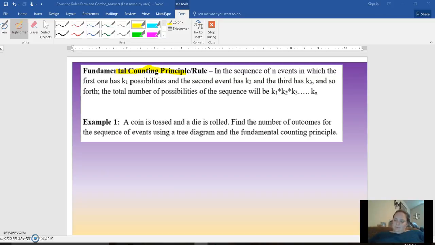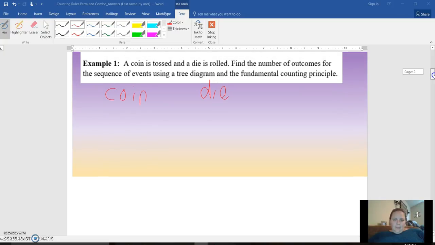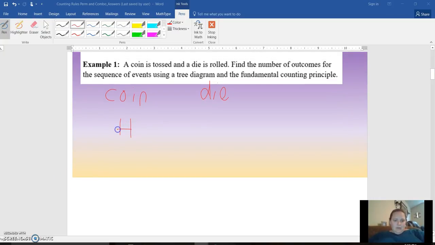So for example, a coin is tossed, and then the dice is rolled. Alright, so you can get a head on a coin, a tail on a coin, and then on the dice you can get 1, 2, 3, 4, 5, 6.